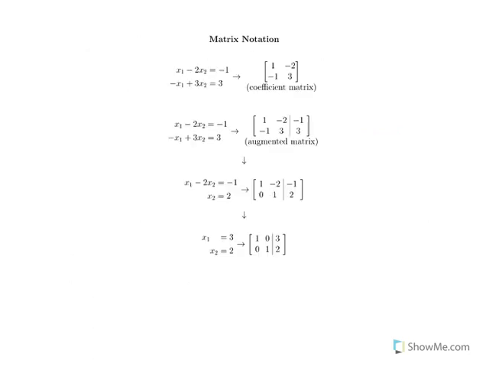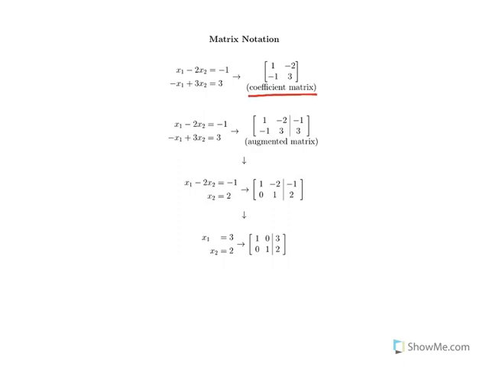Instead of dealing with equations, that gets very messy very quickly. We're going to use matrix notation. It's important to remember that a matrix is just a representation of the system. There's two different matrices we're going to think about. The first one is called the coefficient matrix.